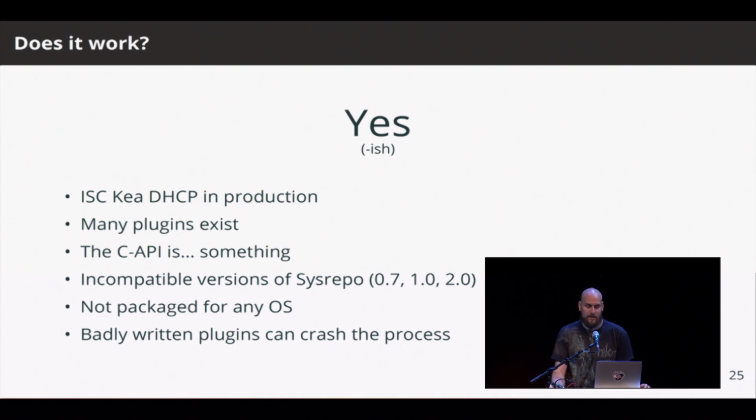And it's in production in a countrywide ISP that has their whole network modeled in YANG and even deploys all the modem configuration of the end users using NETCONF and YANG. Many plugins exist for sysrepo. However, the C API is very C, which, yeah, it's not for me.